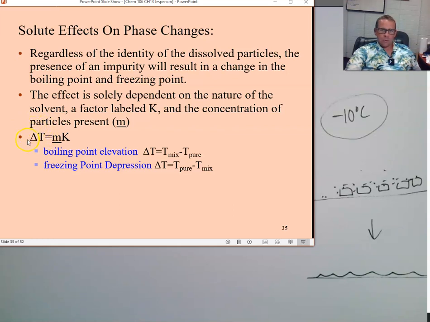The change in the freezing point will be equal to the molality of the solute in the solution times that solvent's freezing point constant. Okay?